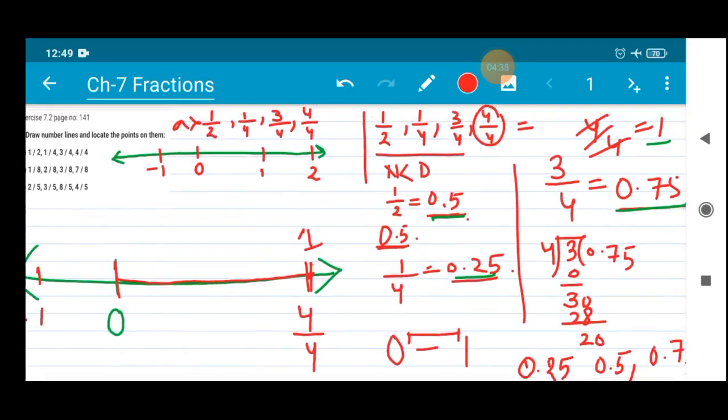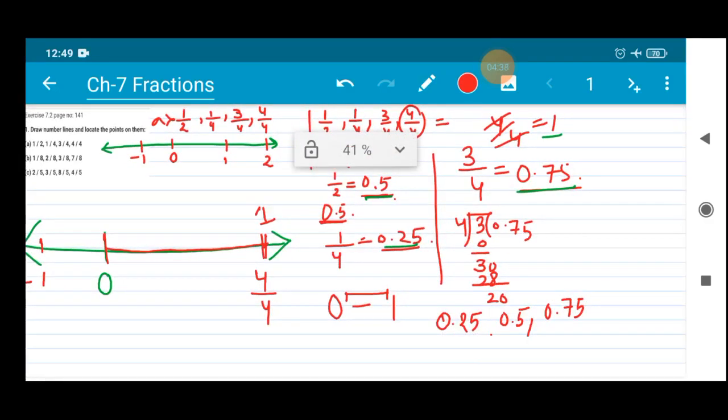Okay, so what comes first? 0.25. Which fraction is actually representing 0.25? 1 by 4. So I can write here 1 by 4. Then I can write 1 by 2, because 1 by 2 means 0.5. 1 by 2 means half, so in between 0 and 1, 1 by 2 will be at the center.